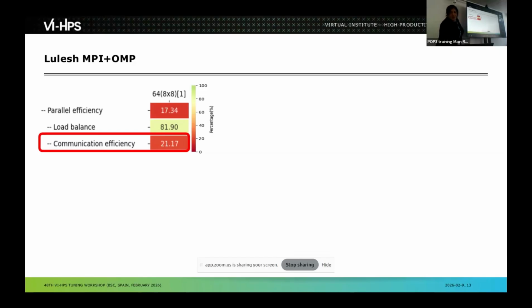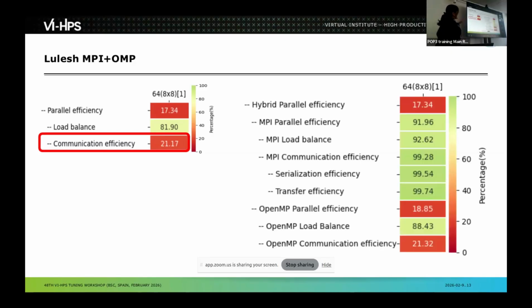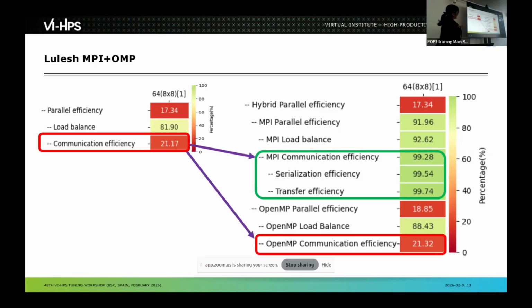But basic analysis also provides the hybrid parallel efficiency, with the efficiency for MPI and the efficiency for OpenMP. Remember, we are working with a multiplicative model, so this is a consequence of the MPI communication and the OpenMP communication. This low value is mainly related to OpenMP and not to MPI. If you observe, the MPI communication is very good, near 100%.